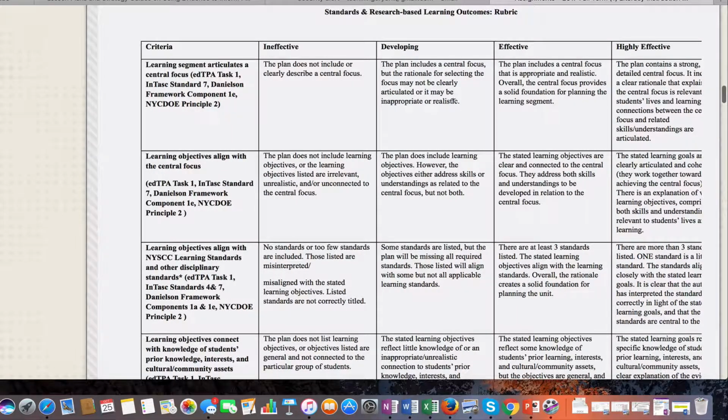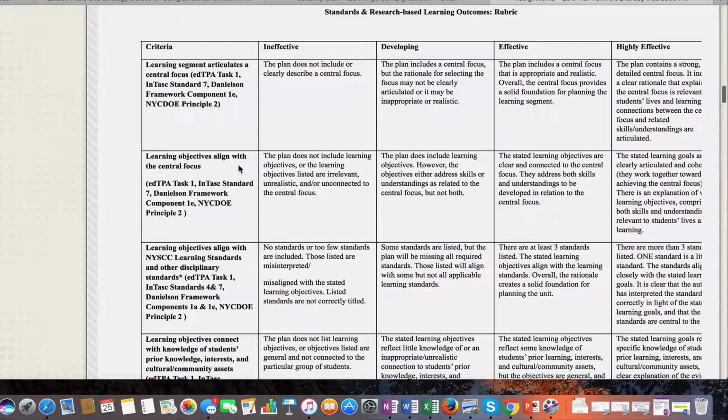So for example, we looked at John Matea's central focus. If that had said something about mastering all of the skills and being able to successfully play in all three of those sports, that might be inappropriate or unrealistic. He is really narrowing in on three particular skills, which would be related to scoring.